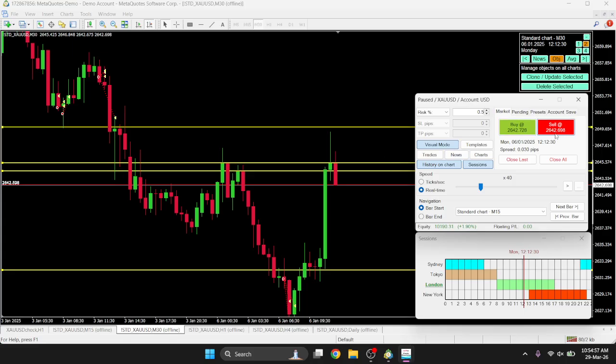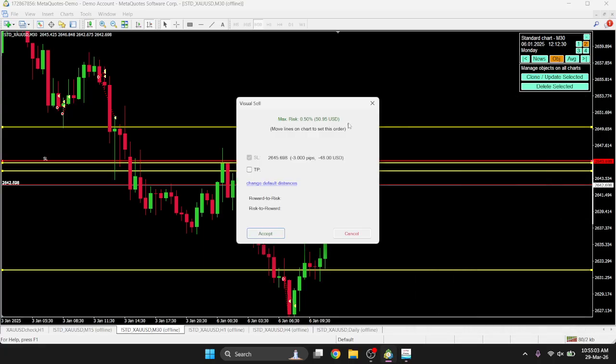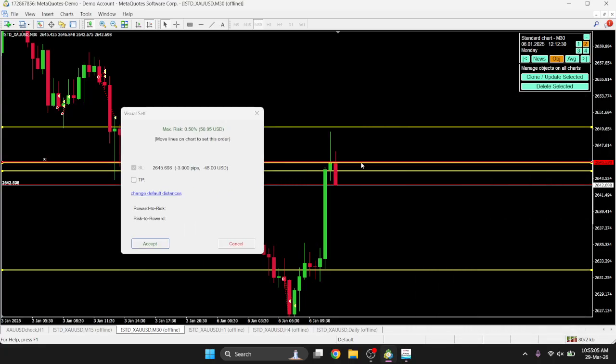Okay, I'm entering this. So my SL will be above both of the rejection levels. So if the market flips and breaks its own open, then there is a high chance that the market will move up.